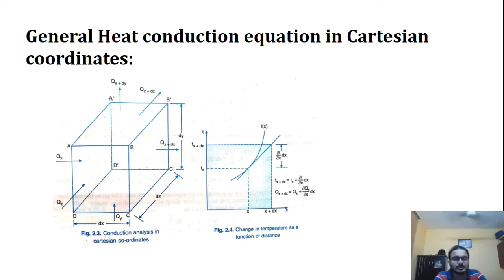So we need to understand this very carefully. So we have taken an elemental volume in 3 dimensions, and it is in Cartesian coordinates. So this is a simple cube, and if you see, there are 3 directions.